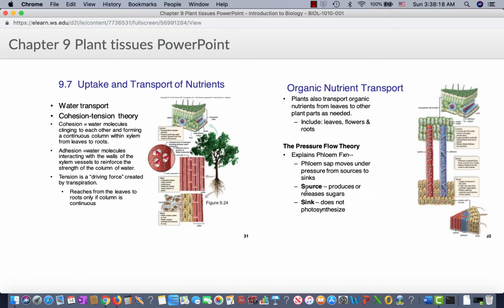So you've got a source here, a producer or releaser of sugars, and that then diffuses through to the rest of the plant where it is not being produced, which is your sink. So again, this process requires basically no active energy. It's just always going, which is really handy for the plants.